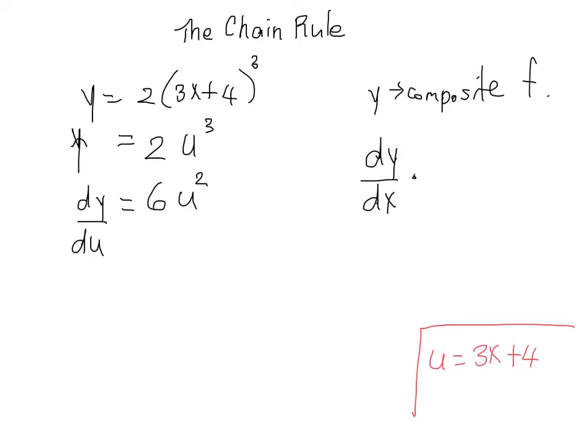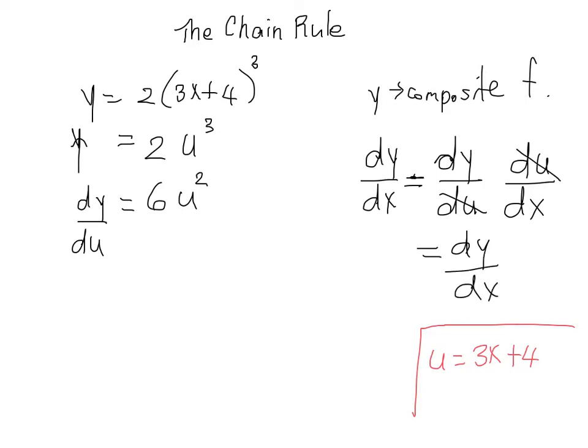The reason you're doing that is because if you find dy over du, and you find du over dx, well, essentially what you found is dy over dx. So dy over dx is the same as if you differentiate y with respect to u, which we already did over here, and multiply it by if we differentiate u with respect to x, which we're about to do now.